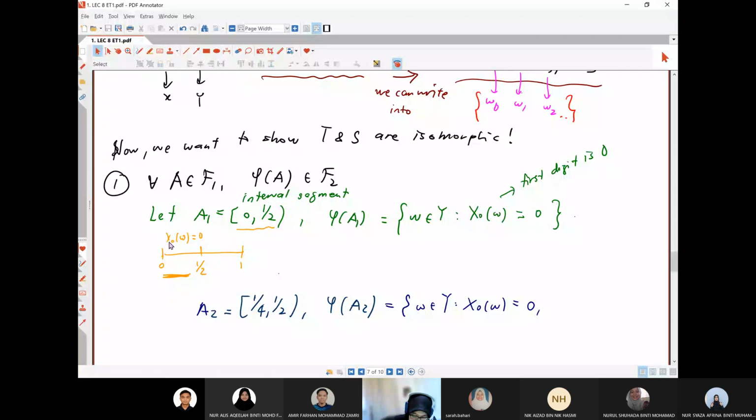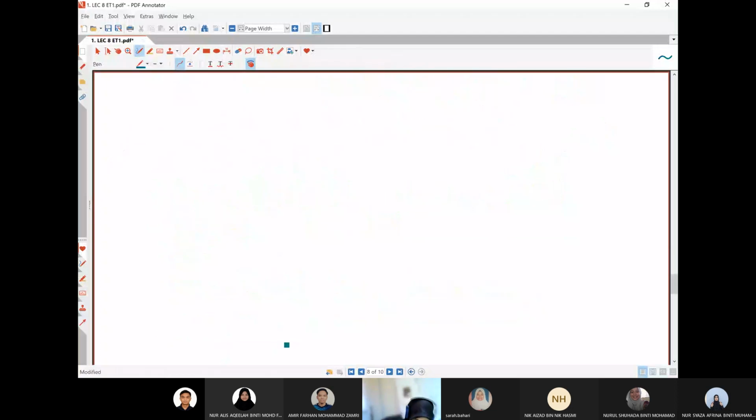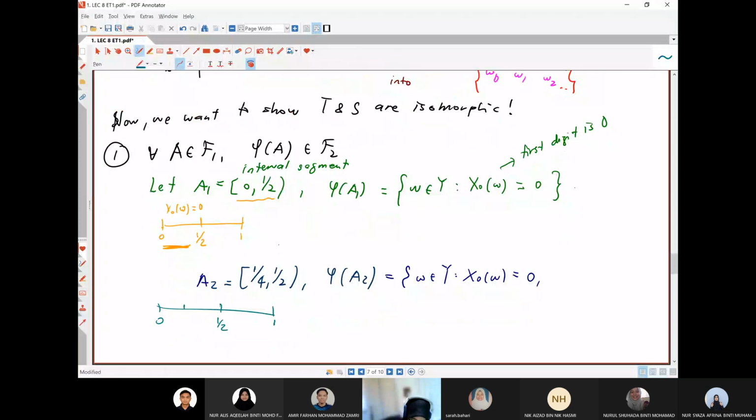So kalau A2 is equal to 1/4 and 1/2, the image of the segment A2 is, so that means the first digit is 0, because if you look at this part, 0 and here 1/2 and 1. Oops, okay, so you will have here 1/4 and here 1/2 and 3/4.